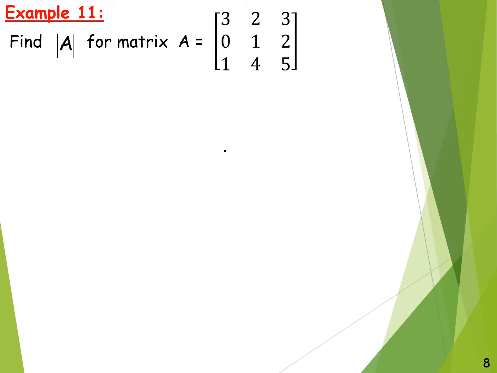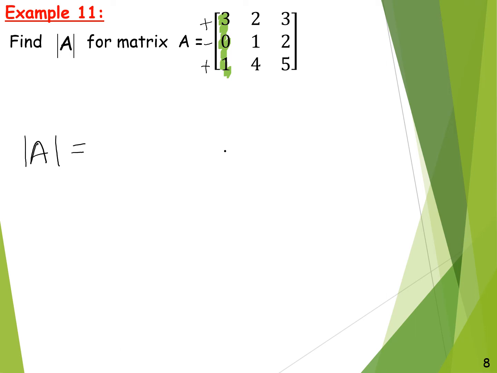Now, let's do example 11. Find the determinant of matrix A: 3, 2, 3, 0, 1, 2, 1, 4, 5. Since the first column contains a 0, we expand the cofactor about the first column. So the determinant of A is equal to, the signs in the first column are positive, negative, and positive.